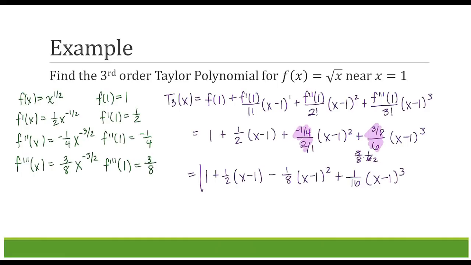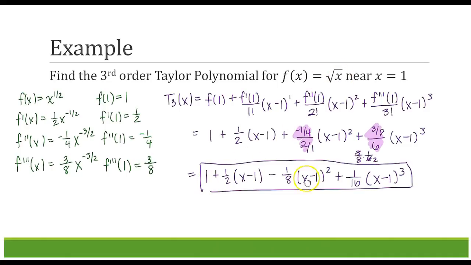So this is my third order Taylor polynomial for f of x equals the square root of x near x equals 1. And just to tie it back to what we've been talking about, what was the point of doing this? Well, the square root of x is a transcendental function. So if I were to try to evaluate the square root of 2, that's typically something I would plug into my calculator to find.